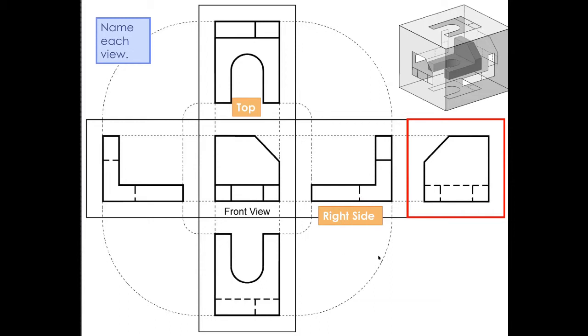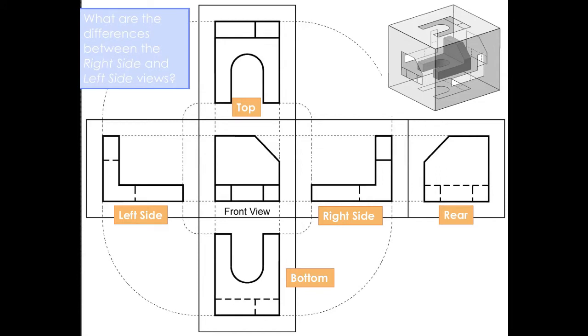Depends if you're British or American, if you say back or rear view. So we call it rear. And that one, left, very good. And of course, the last one is the bottom view. You don't have any choices left. So that's pretty straightforward.